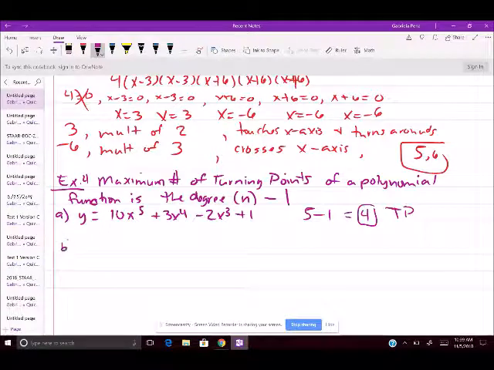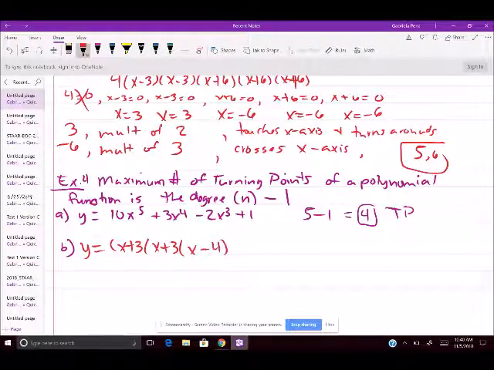Now B, just because it's going to be a little bit different. Let's say we had y equals (x plus 3)(x plus 3)(x minus 4) squared, and we'll stop there.